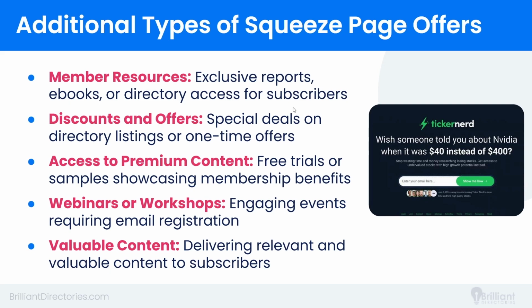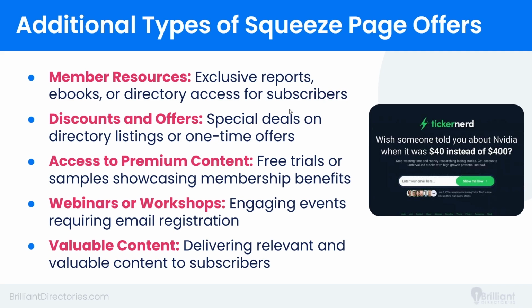So again, maybe that's some exclusive reports or ebooks based on our website's target industry or market, or it could even just be access to our professional member directory for general users. It doesn't have to necessarily be behind a paywall. They could just need a free account in order to access our directory.